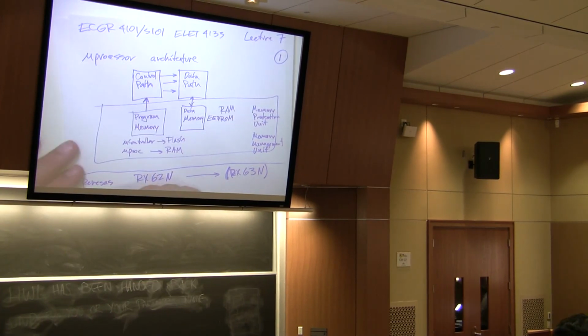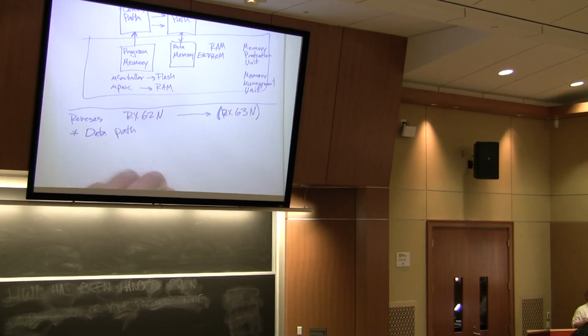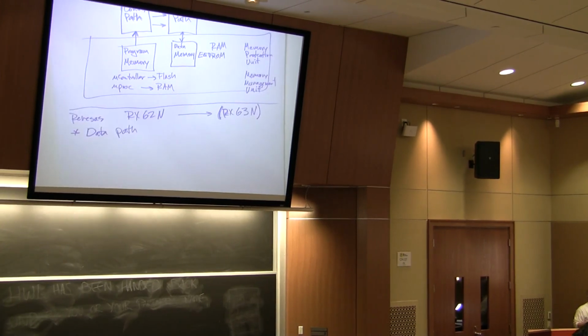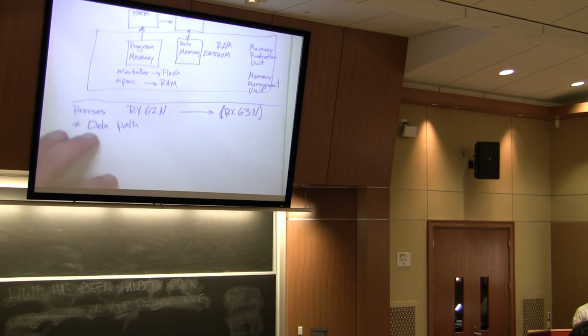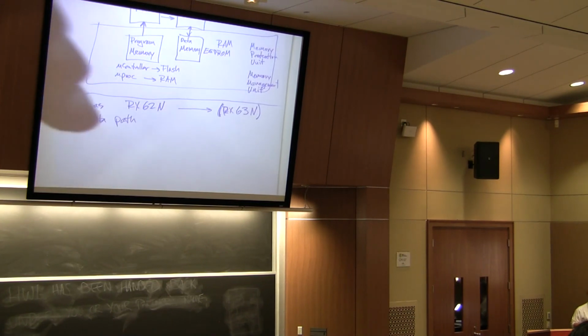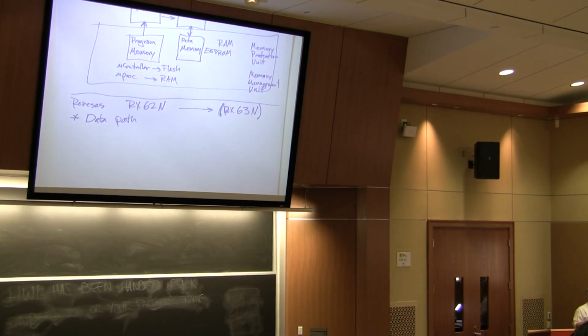So, let's take a look at some of the features. Data path. Data path is identified as how much? Good. Make sure to point that out to me all the time, because sometimes I forget. Data path is how wide? In other words, how many bits of data are transferred or used at any one time?